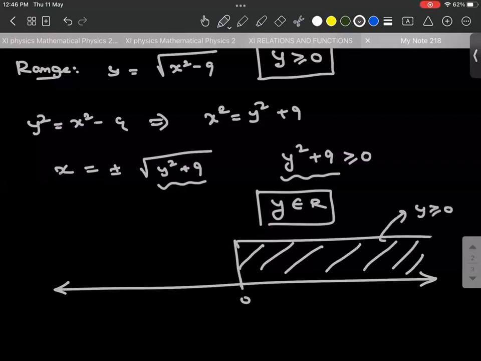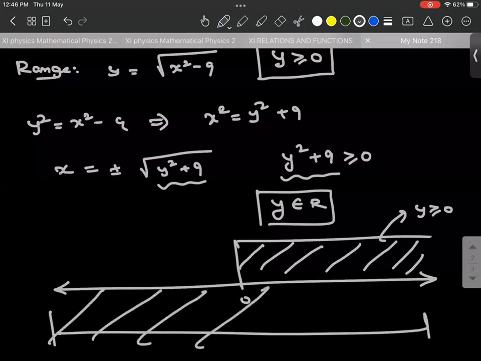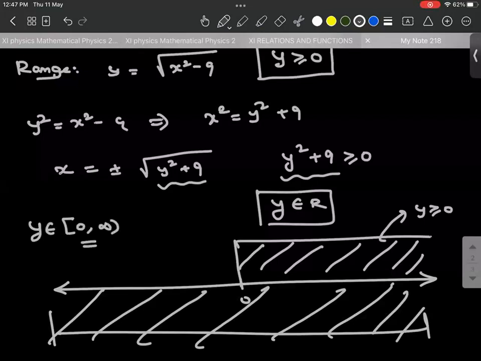Minus infinity to infinity is this part. So what is the common region? 0 to infinity. That is the answer. So y belongs to 0 to infinity. Am I clear with this?